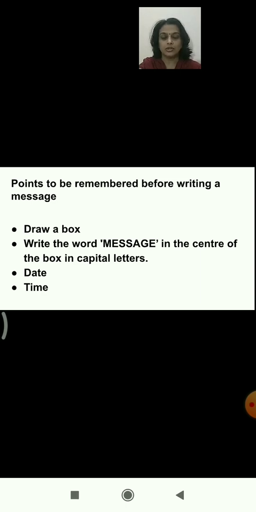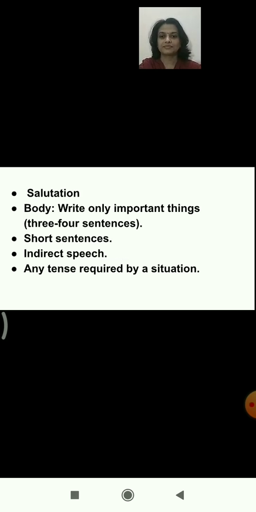So keep all this information in your mind when you are writing. Box, message in the center, then you will write the date and then the time. Right? Now let's move ahead.